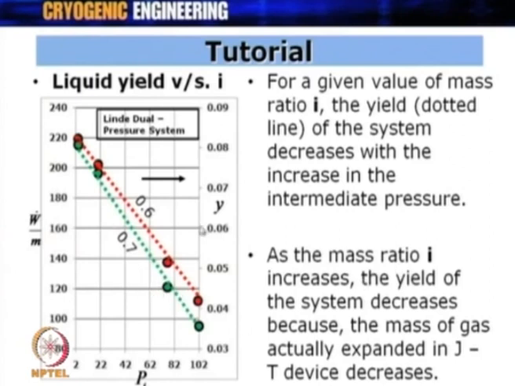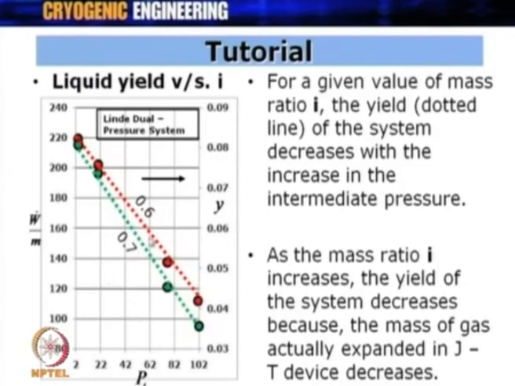It means that the more the gas goes back, the more the value of I is, the m dot f is always going to be less, because the second expansion has only 30% of the gas which is compressed. So, as the value of I increases, less and less gas is going to go for the second expansion, which means less and less yield.